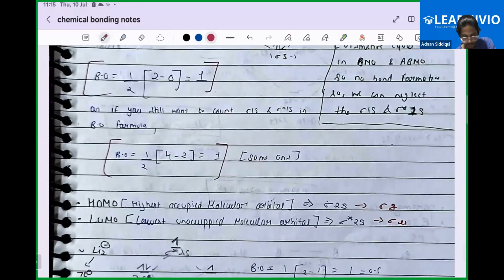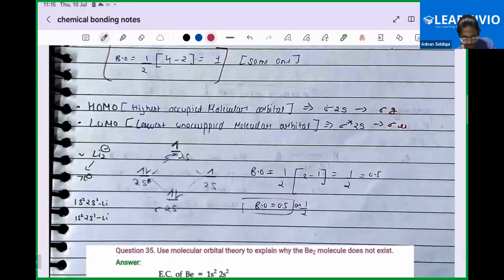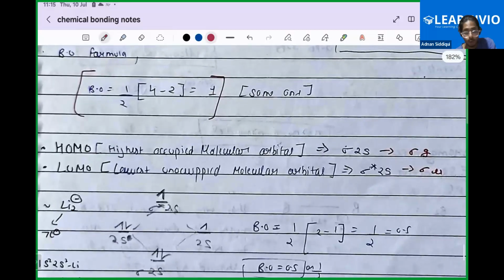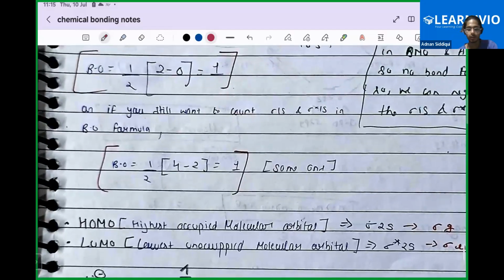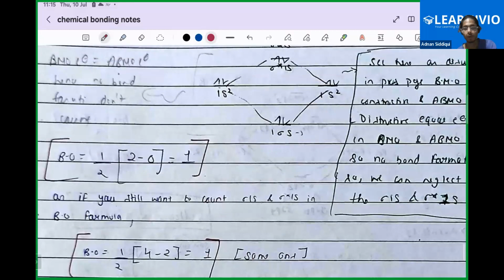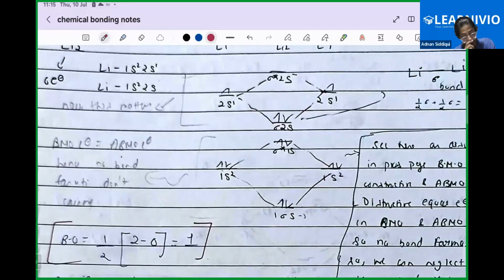What is HOMO and what is LUMO? HOMO is the highest occupied molecular orbital and LUMO is the lowest unoccupied molecular orbital. They might ask you to identify which is HOMO or which one is LUMO. Out of these molecular orbitals, in which molecular orbital are the electrons?